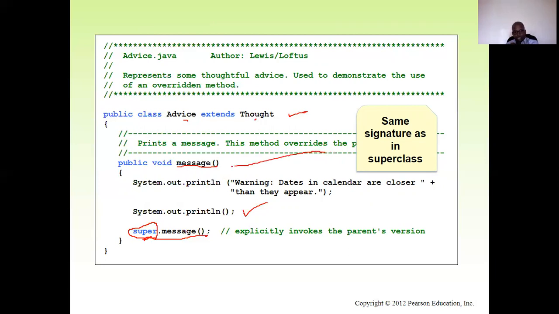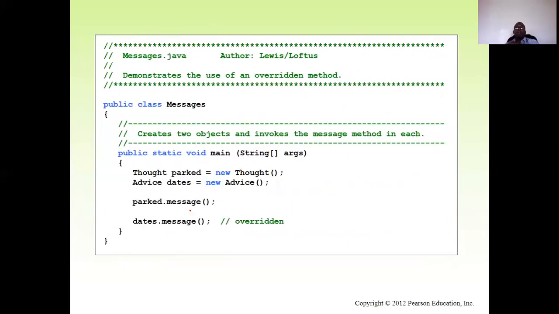Notice, same signature as the parent class. Public void message, no parameter. So now we create a class called messages, which has our main method here. And we create an object of type thought, and we point it to a new thought object. And we do the same thing with advice.